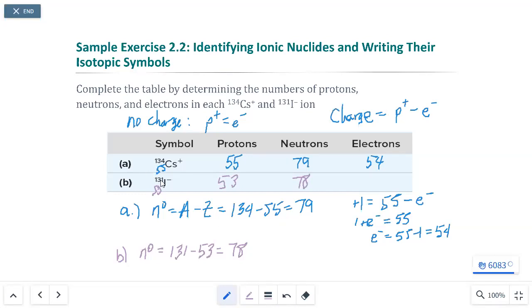To find the charge, here I've got a -1 charge. So -1 is equal to 53 minus the number of electrons. Going to have to go through a similar process. -1 plus electrons is equal to 53. Electrons is equal to 53 plus 1, which would be 54.